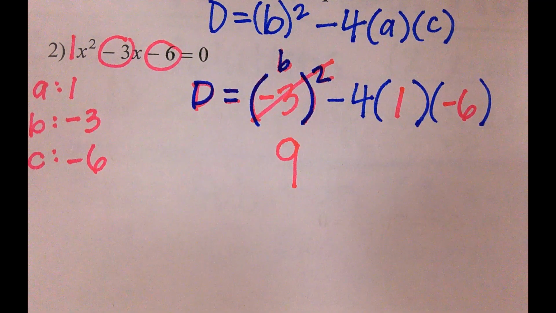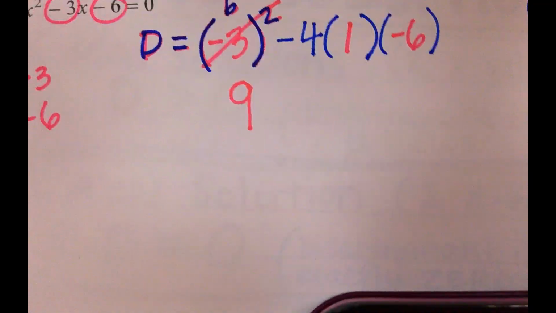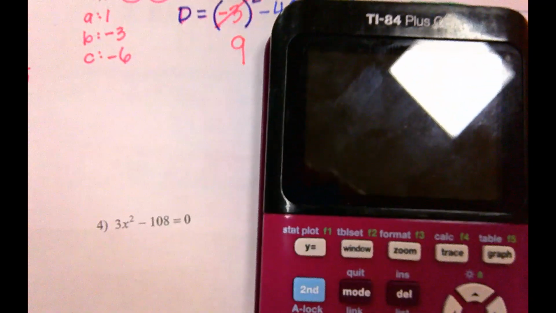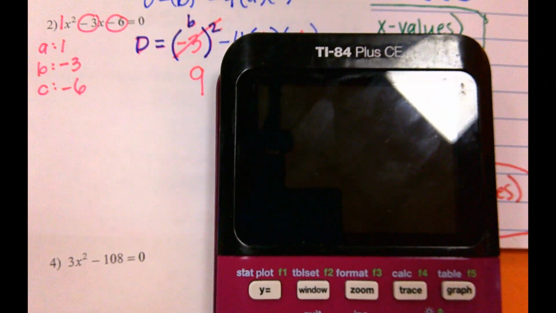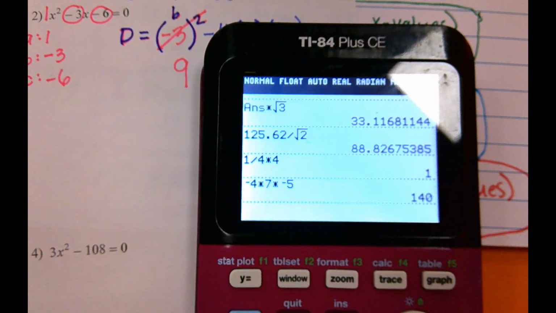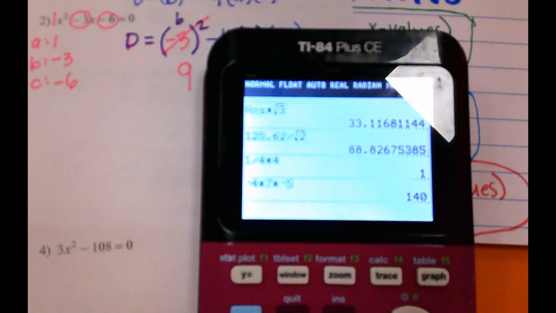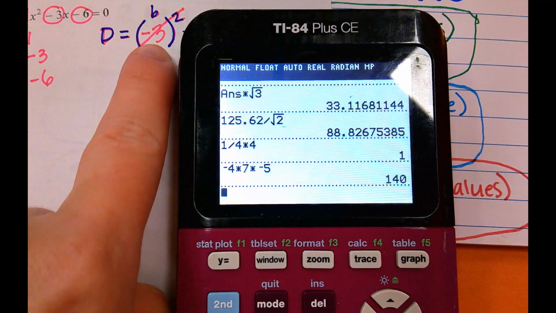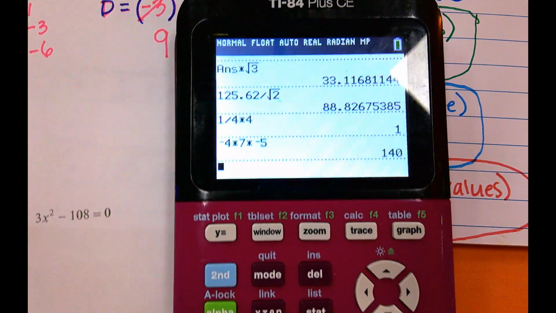Are you getting a negative when you do that though? Okay, I want to teach you guys something really quick on your calculators. If you're having a hard time doing squares like this on your calculator, something you can do if you don't want to type, like let's say my B was 12.